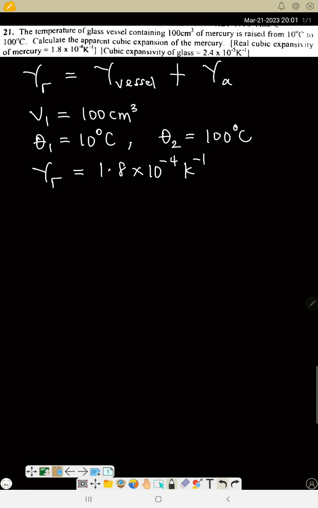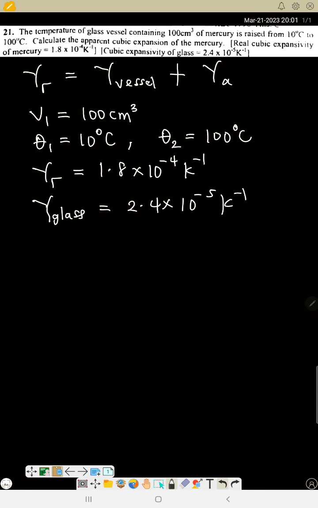So we have that also: the cubic expansivity of the glass vessel is equal to 2.4 times 10 raised to power minus 5 per Kelvin.